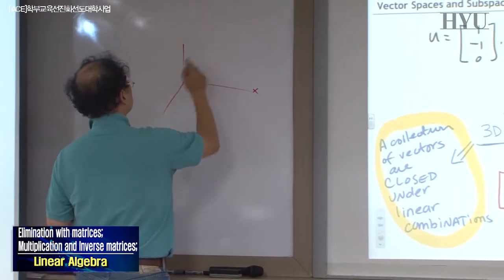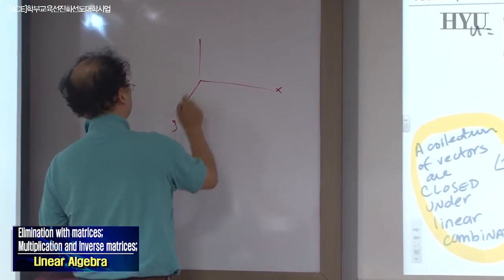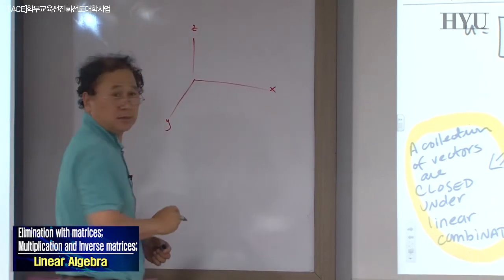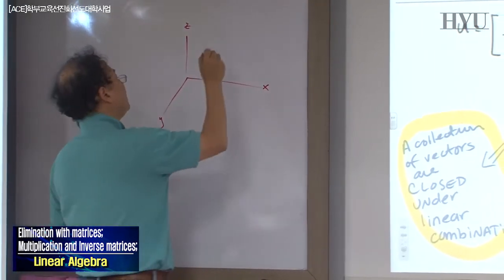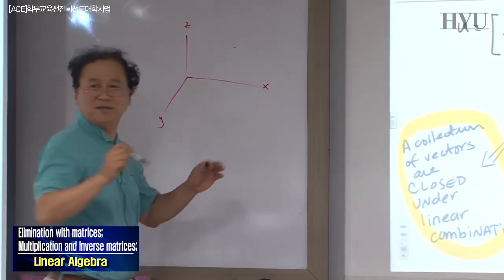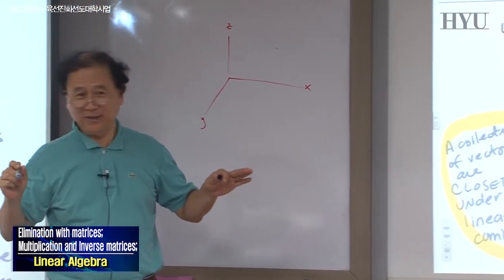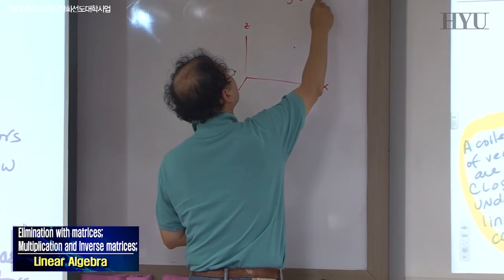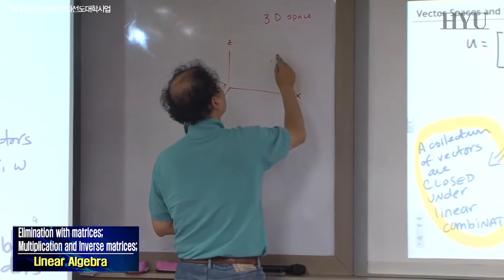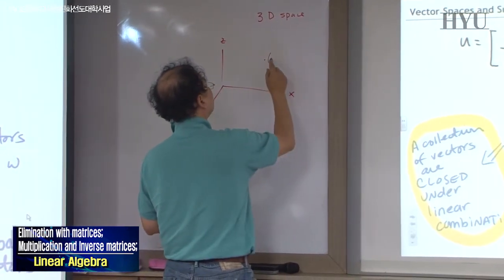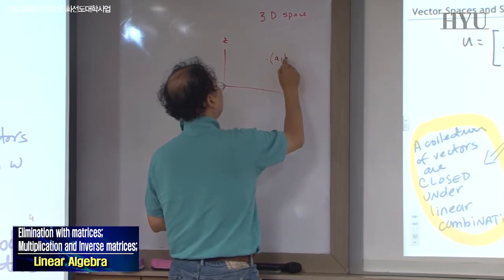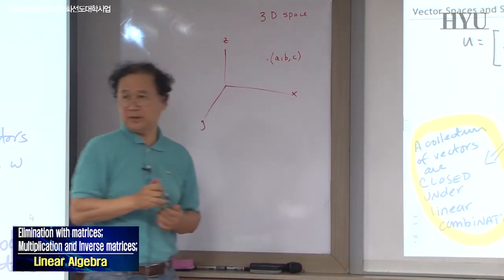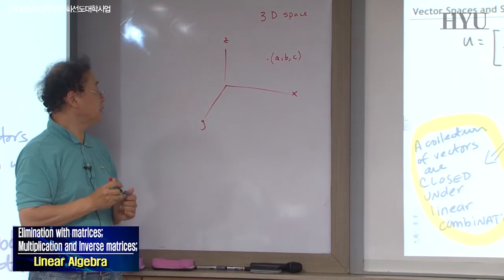You know, this is X, Y, Z, right? Any point in this space, this is three-dimensional space, right? Somebody says, oh, this is three-dimensional space. Here you can say this is whatever, A, B, C, right?